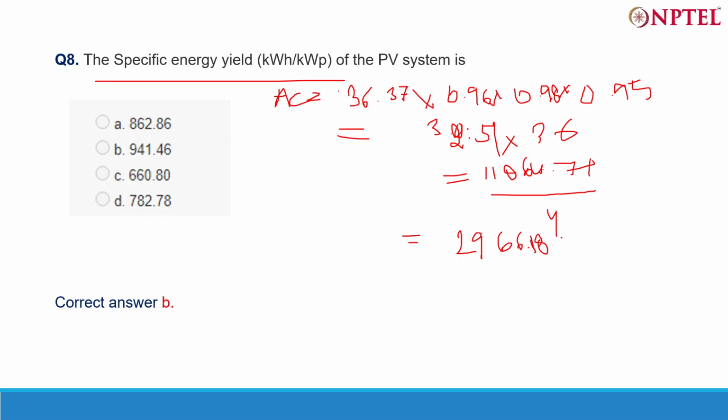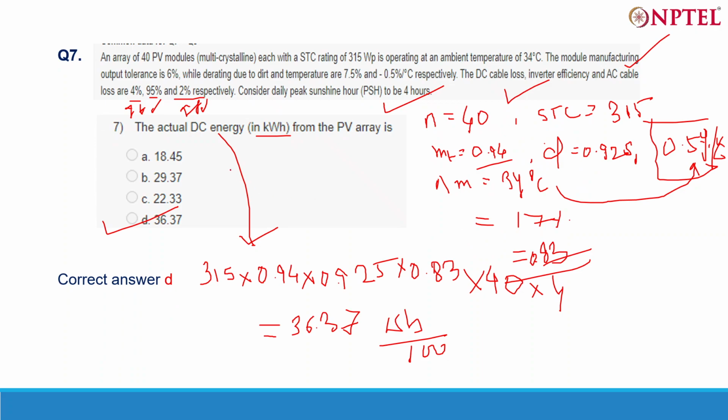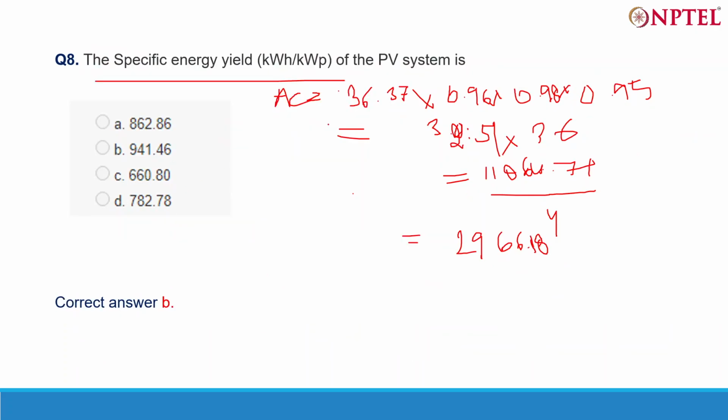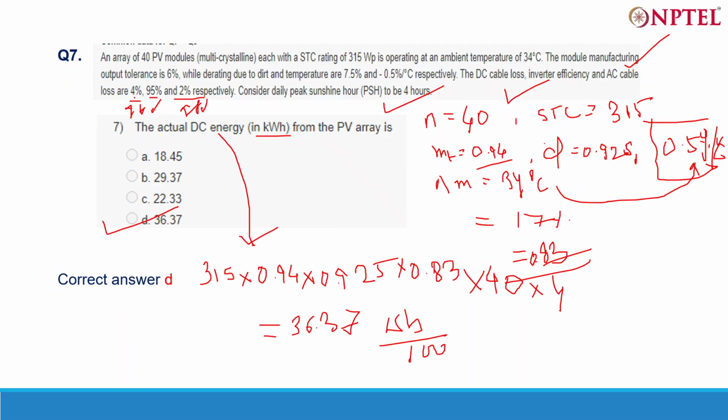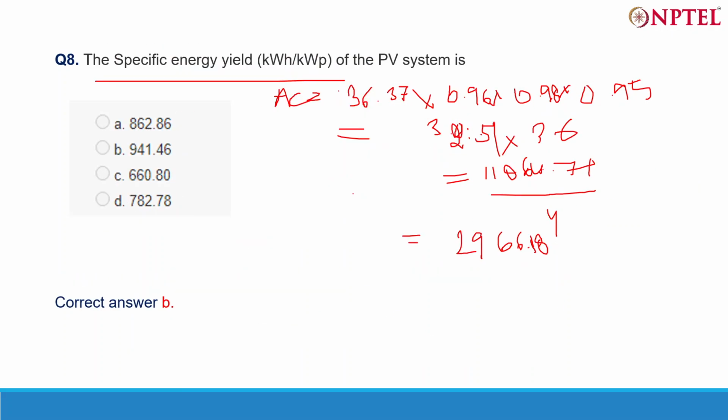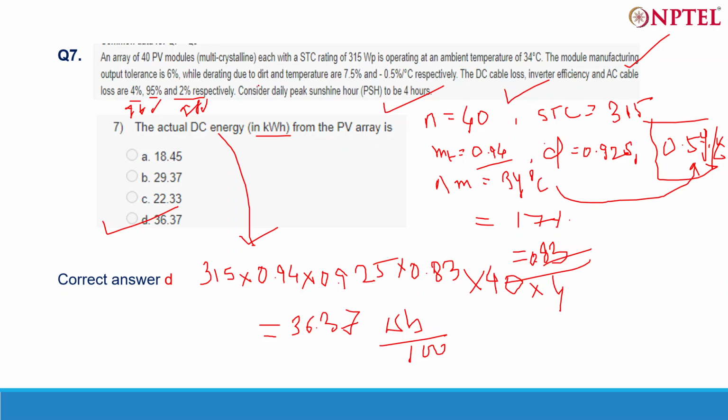Okay, so you guys please refrain from any calculation mistake. Let me check again. I think it's the actual energy 36, 0.96, 0.95, 0.98, and 32.51, and it is multiplied with 365, and then we divide it by P array STC.